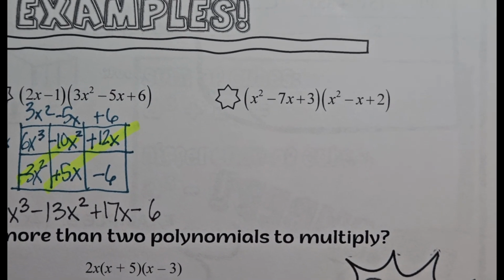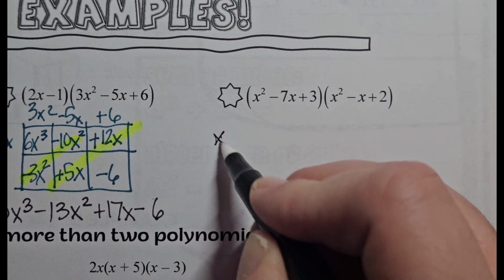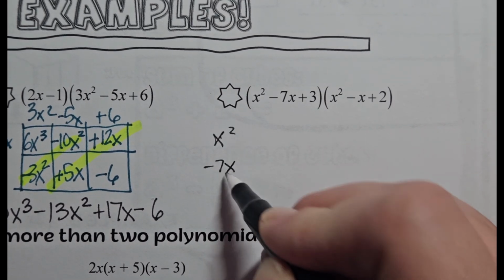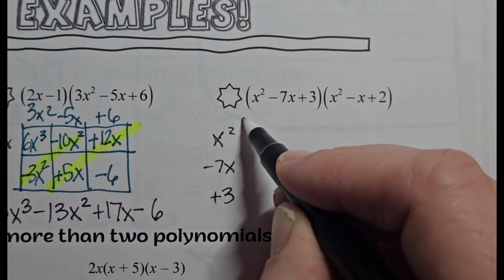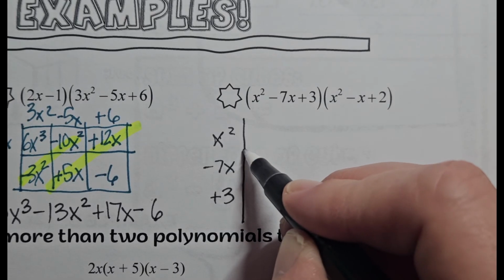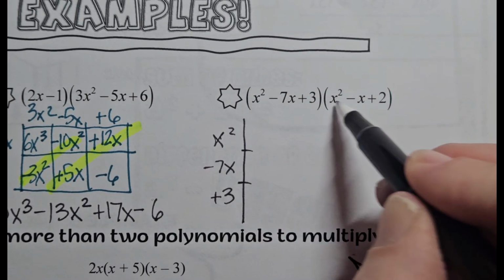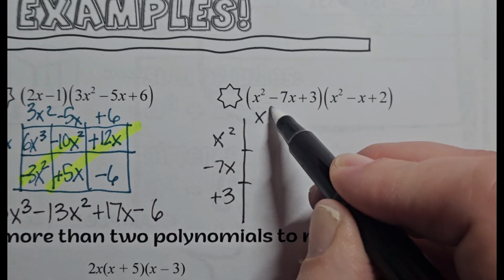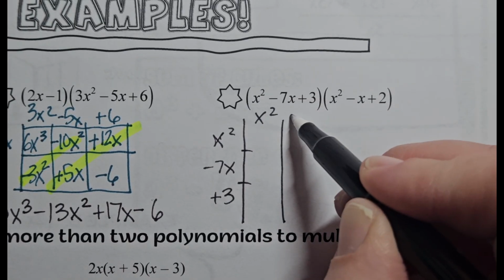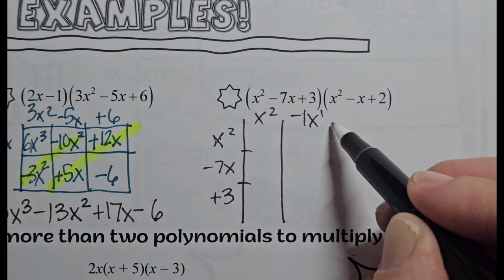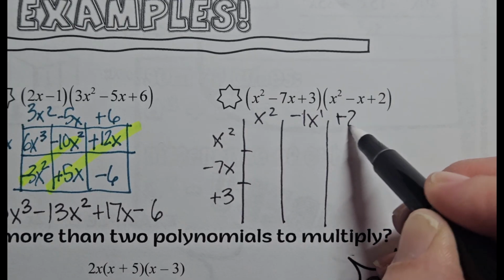So if you're going to do that with a box, all right, you'd have x squared minus 7x plus 3. So that's going to be 3. And then across the top, for this one, we're going to have x squared minus 1x plus 2.